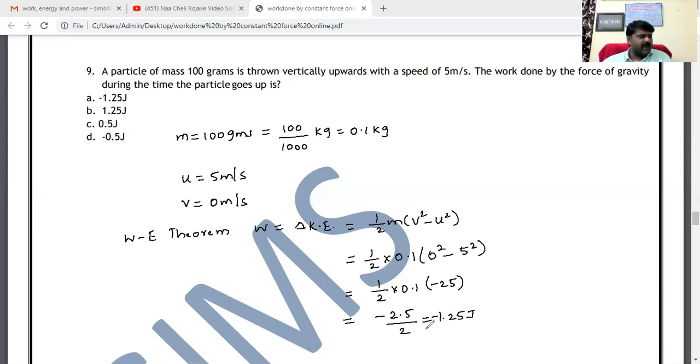Why did we get minus over here? Because the minus sign indicates the work is done against the gravity. Got it? The particle has moved against the gravity. Hence, negative work is done over here, that is minus 1.25 joules.